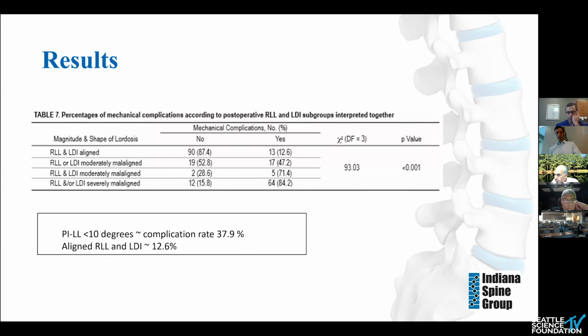And then so lastly, when you look at the aligned RLL and then look at the LDI, you can see that difference gets kind of even better when you do those combined parameters, to where in the quote unquote aligned, or not aligned group, but mismatch less than 10 degrees, that overall complication rate is 38%. Whereas if you look at the aligned RLL and LDI, those complications are only 12.6%.